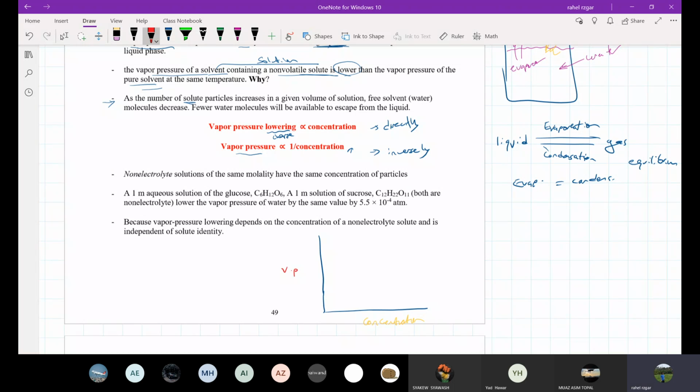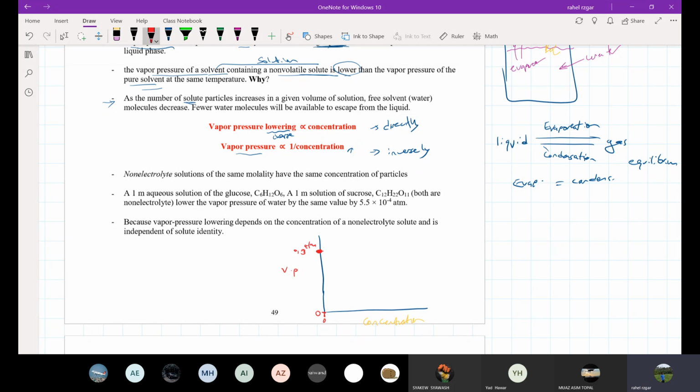Y-axis is vapor pressure, x-axis is concentration. Let's say both of them here are 0. At zero concentration, let's say the vapor pressure is 0.3 atm.